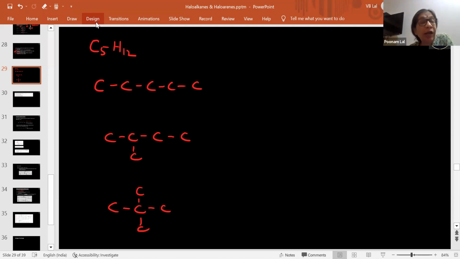Now I do chlorination of the first one. Only the first hydrogen has to be substituted. Now you see there are two types of carbon atoms here. This is primary, this is secondary. So I can get two monohalogen derivatives.